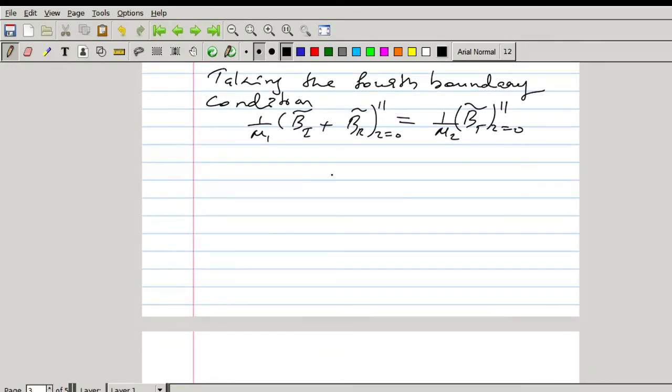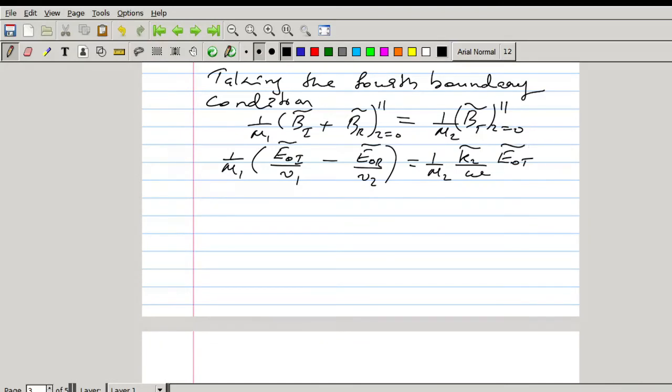So on the left hand side we have 1 by mu 1 into E0I by V1 minus E0R by V1, which is equal to 1 by mu 2 into BT, complex K2 by omega E0T.